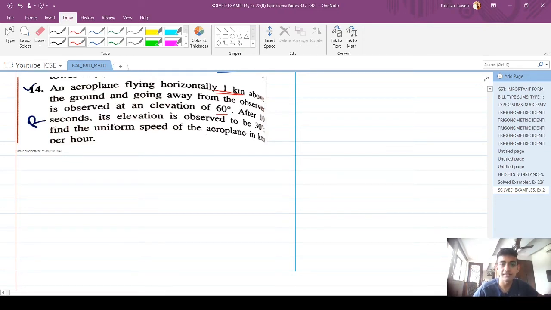After 10 seconds, it's observed to be 30 degrees. Find uniform speed, okay? Remember, speed formula is what? Speed is equal to distance upon time. Time though they have given us, 10 seconds. So our job is to basically find this distance. Now, how to find the distance? For that, you'll have to draw one diagram.